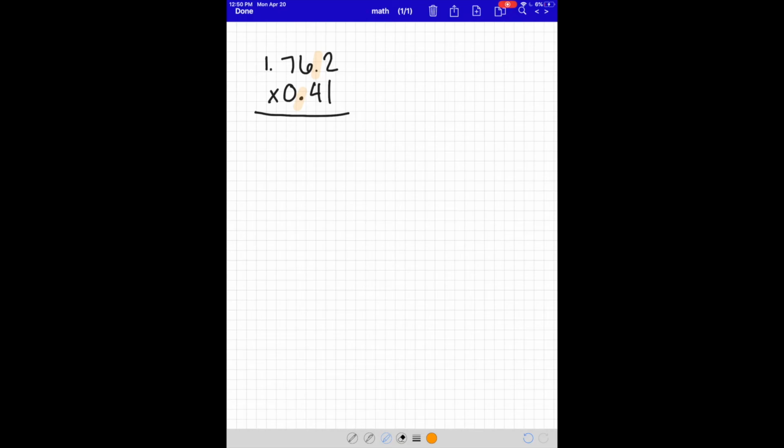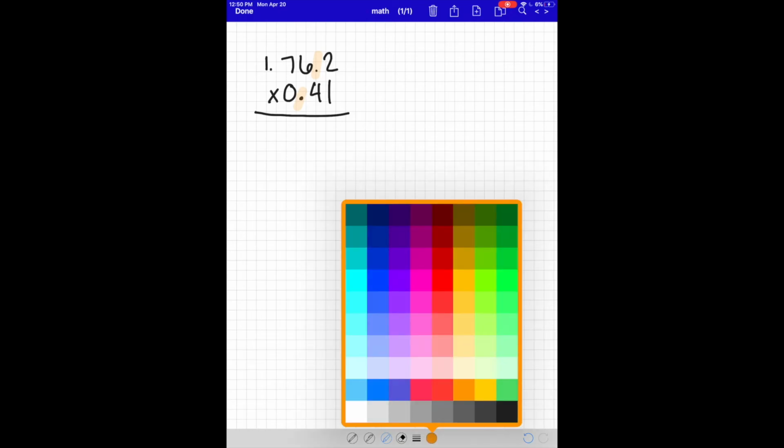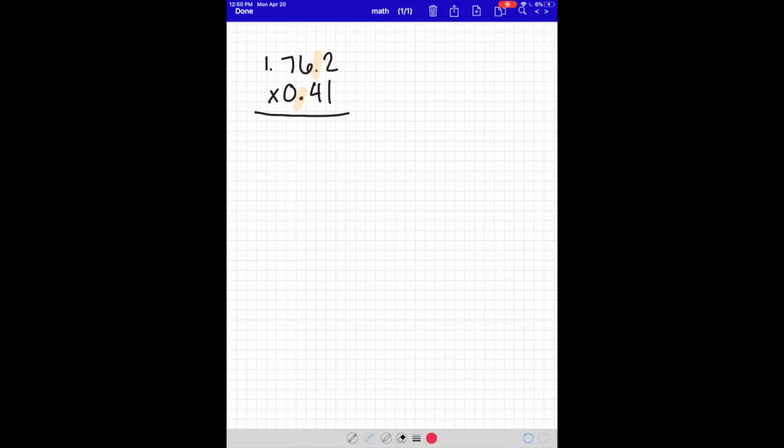You're just going to count how many spaces there are after. So here's 1, here's 2. Together that means 3 spaces. And then you just multiply how you would normally.